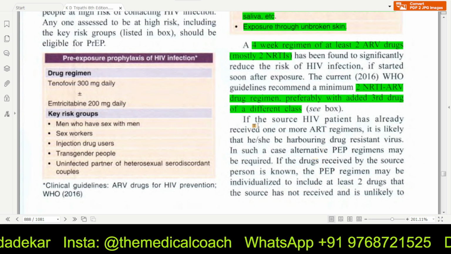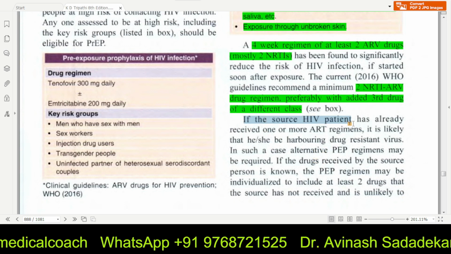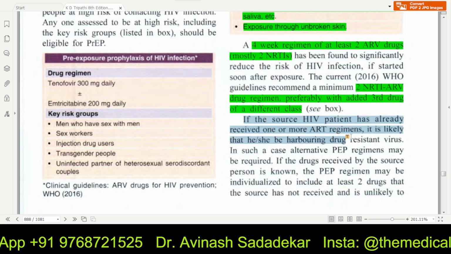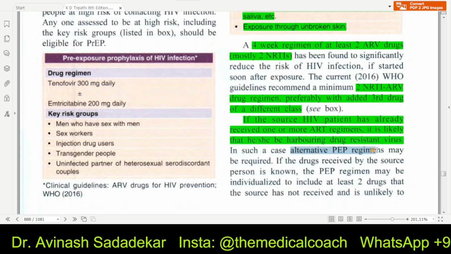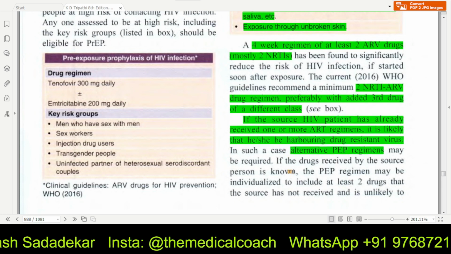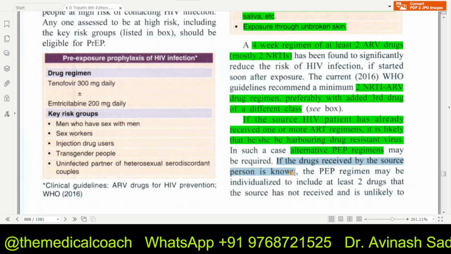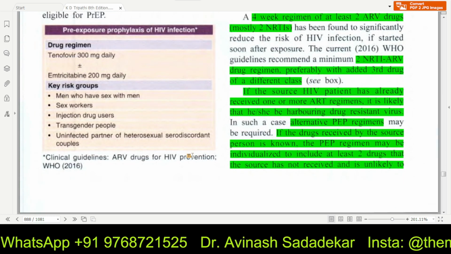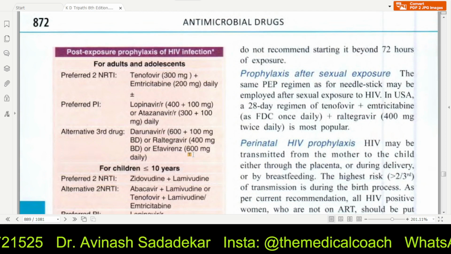Okay, so if the source HIV patient has already taken 1 or more of the ART regimes, it is likely that they are having drug resistance. So you can take alternative PEP regimes. You find out which drugs the patient has taken, and then you customize 2 drugs that the patient has not taken. Basically you are hoping for 2 drugs to which the patient is still not resistant.